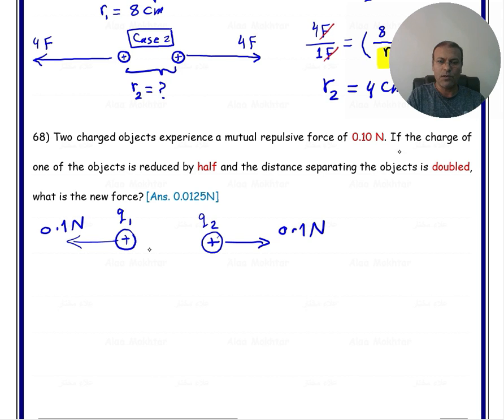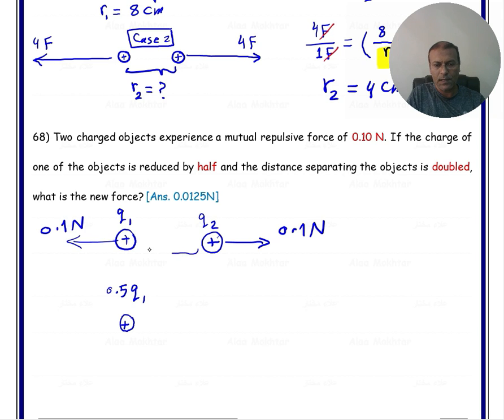If the charge of one of the objects is reduced by half, we make a change: the first charge at 0.5 Q1, we change it to half. Is there any other change? Yes. And the distance separation of the objects is doubled.